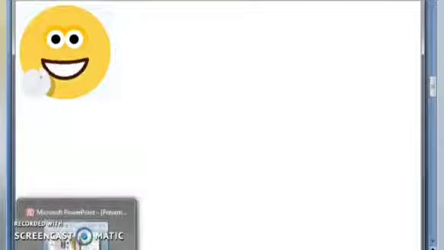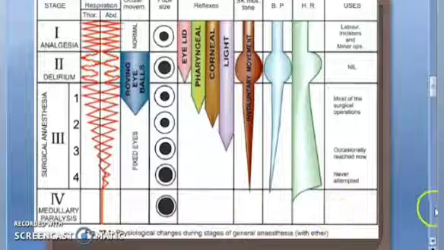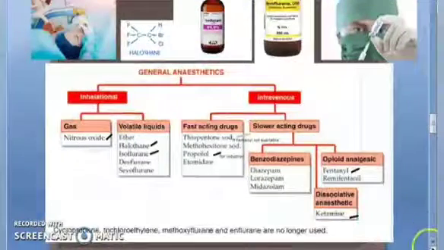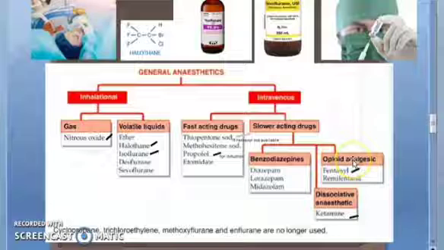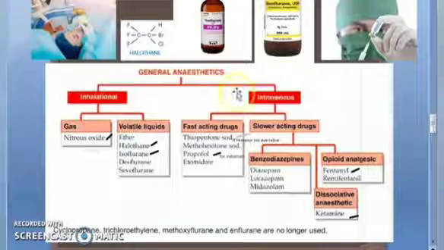So what is the fourth stage called? Paralysis. What paralysis? Medullary paralysis. Very good. Now let's move on to the most important slide here, the general anesthetics. This is the pharmacology we are coming into now, the actual drugs and their names.